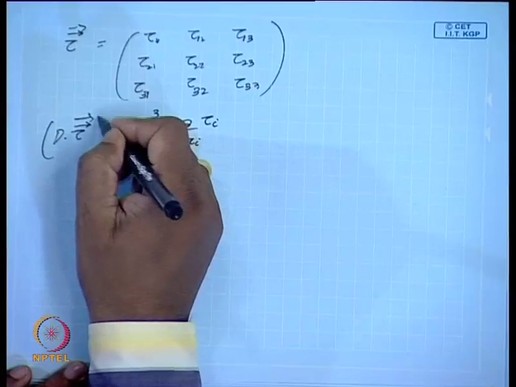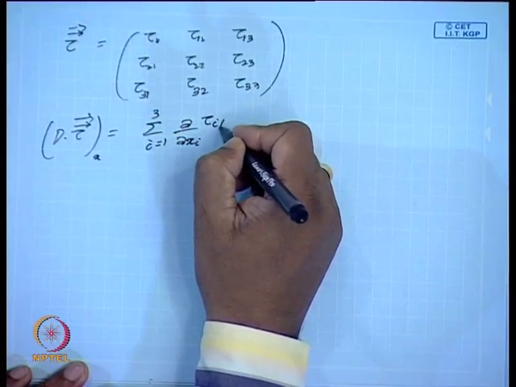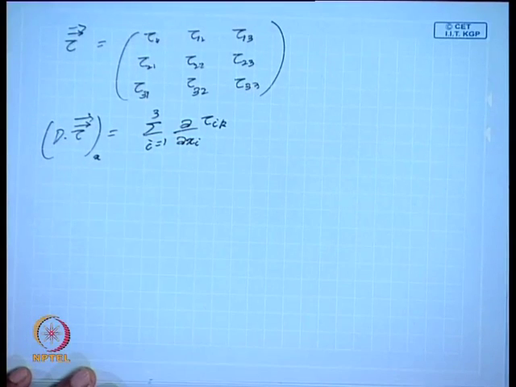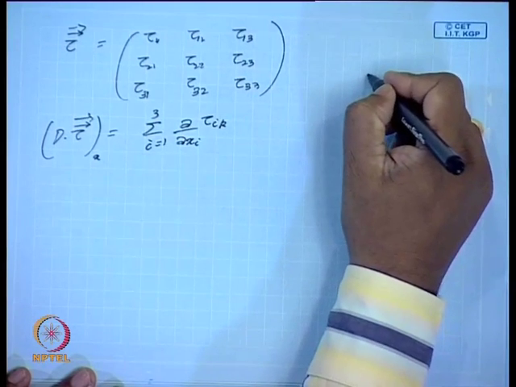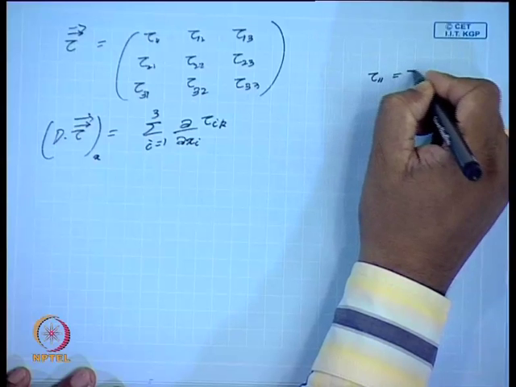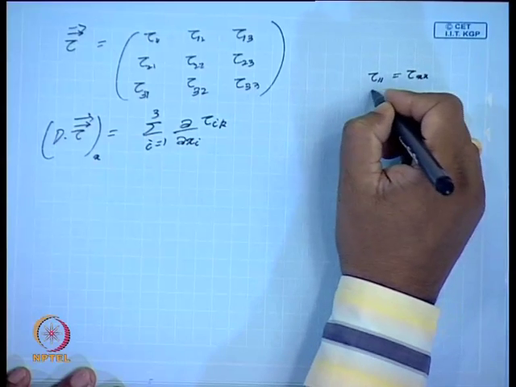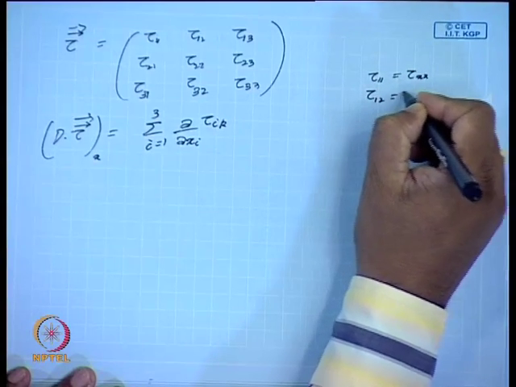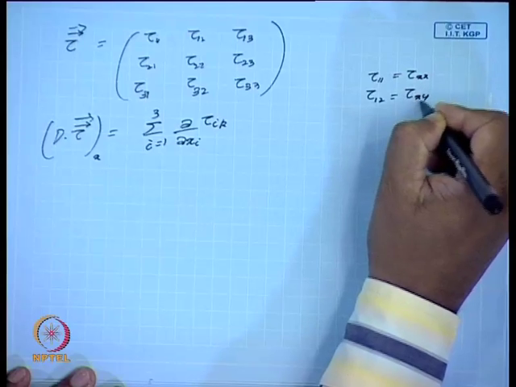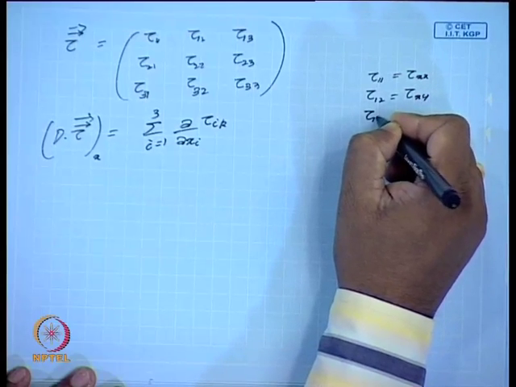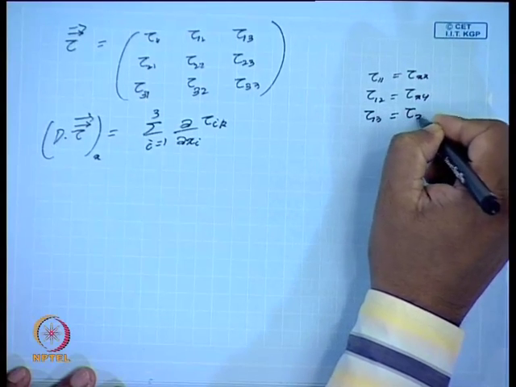Suppose I look at the x component and I substitute for this: tau 1 1 is tau x x, tau 1 2 is tau x y, tau 1 3 is tau x z.